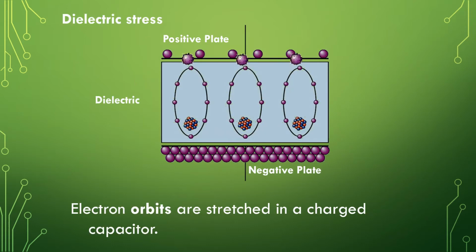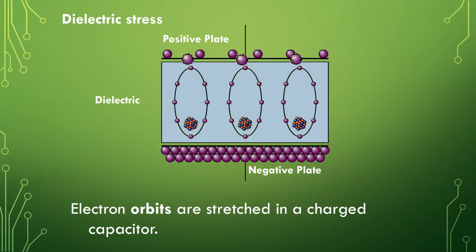When we place a voltage or a charge on our capacitor, the amount of voltage or difference in charge will impact the electron orbits. If we have a high enough voltage, the negative charge of the electrons orbiting their atoms in the dielectric will start to distort or elongate.